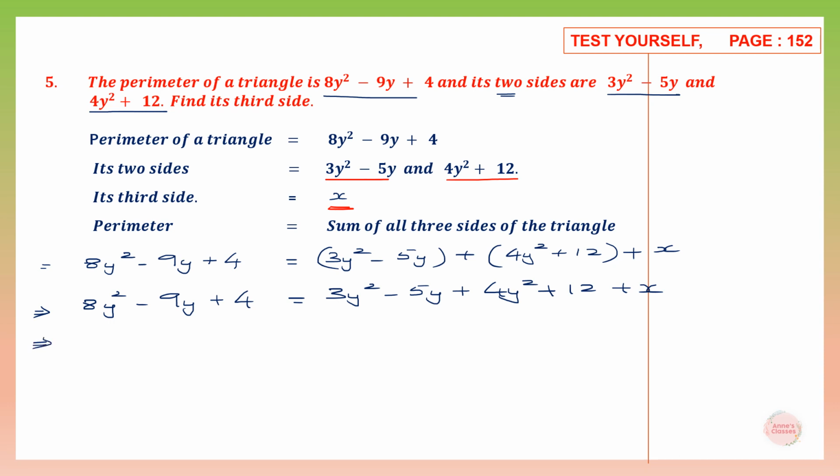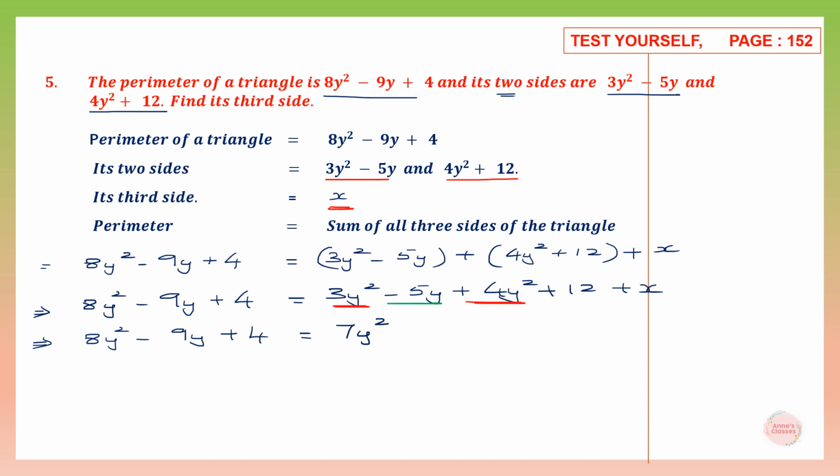So here on the left hand side it's the same, 8y square minus 9y plus 4 is equal to, now here let's look at the like terms. Here we have a y square and here also we have a y square. So that is 3y square plus 4y square. Let's add it up here itself. 3 plus 4 is 7. So that makes it 7y square. Now let's take the y's.